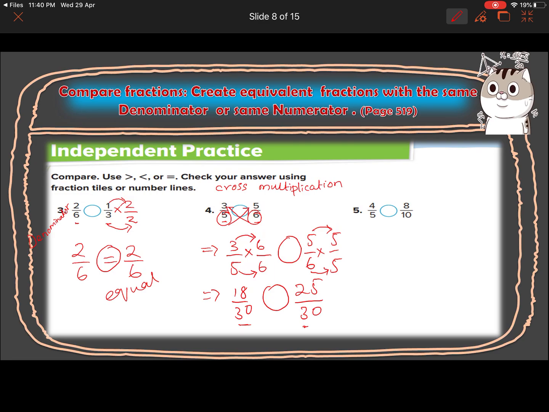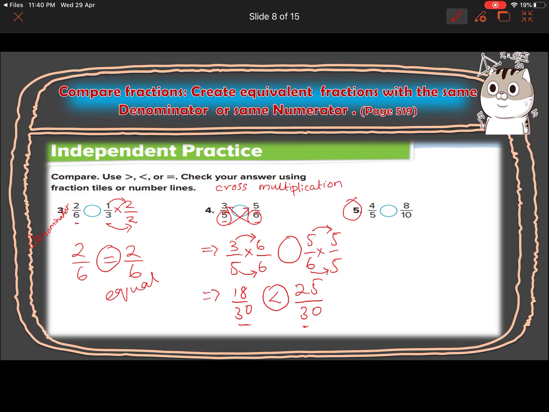So what does it mean? If the denominators are same, and in the numerator the value is small, that fraction is the smaller fraction. So 18/30 is less than 25/30. Understand? Good.